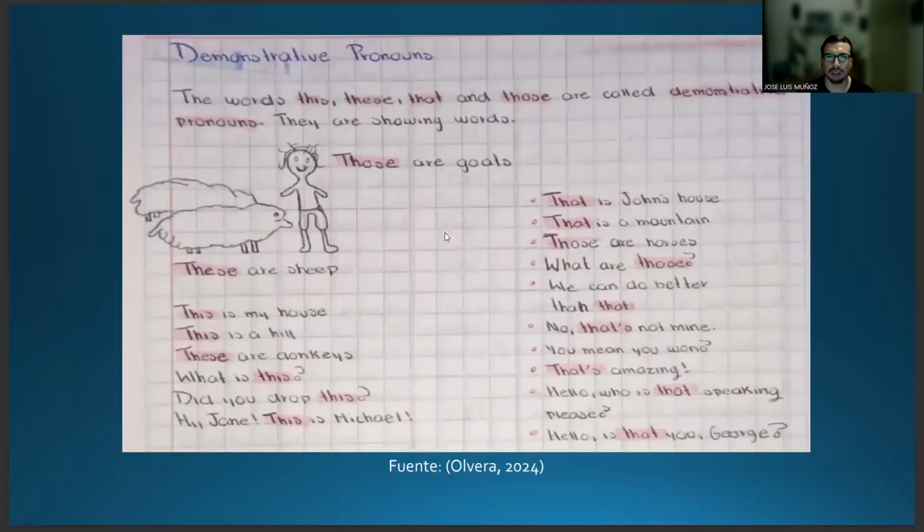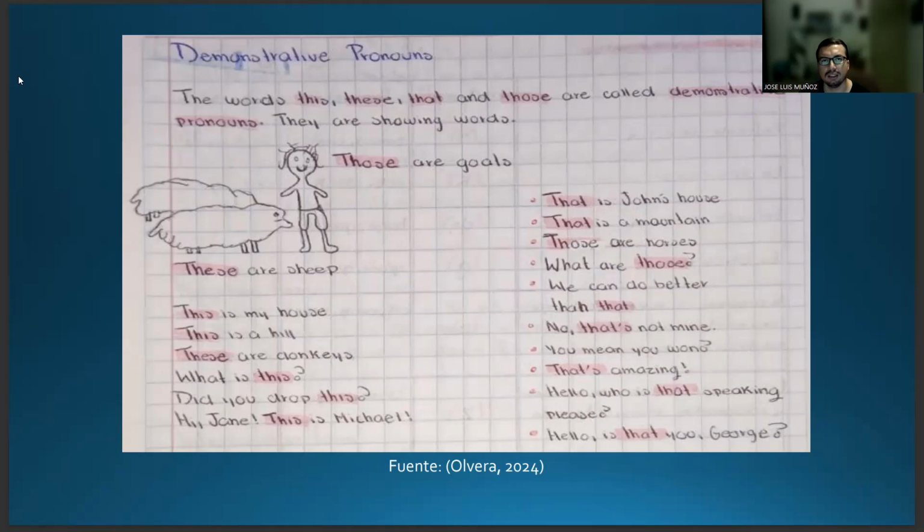Demonstrative pronouns. Here with my students of English 1 of Universidad de Guanajuato, we have seen this topic. In this case, Olvera shared with us an example of how to use the demonstrative pronouns.